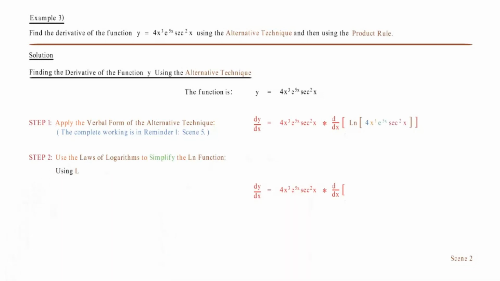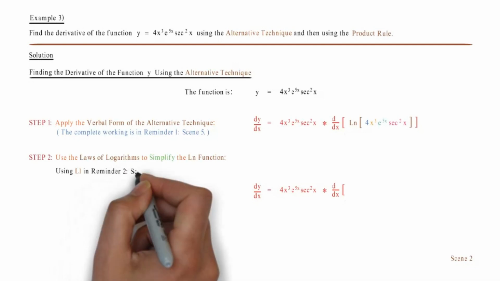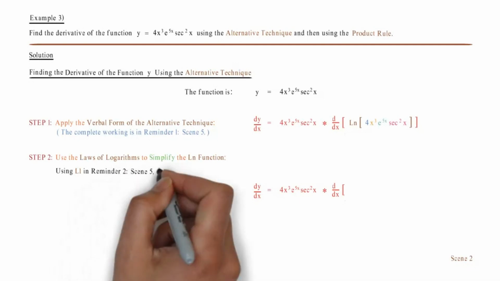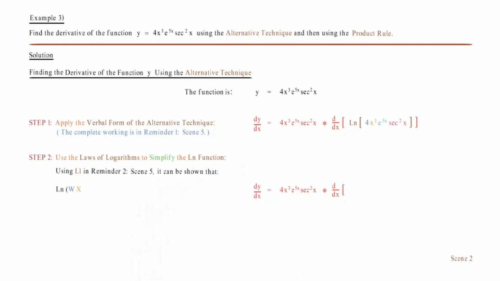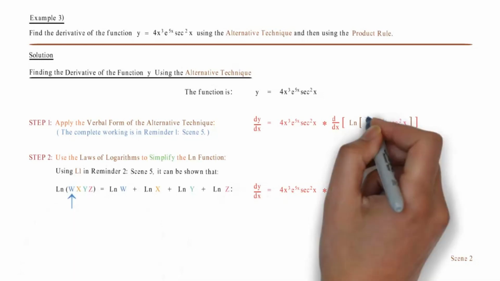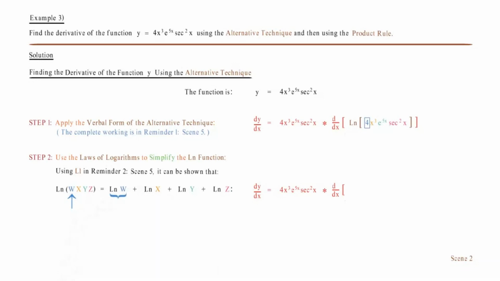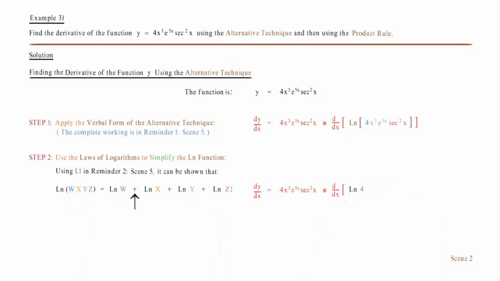Using L1 in Reminder 2, Scene 5, it can be shown that since w is 4, ln of w is ln of 4, plus is plus.